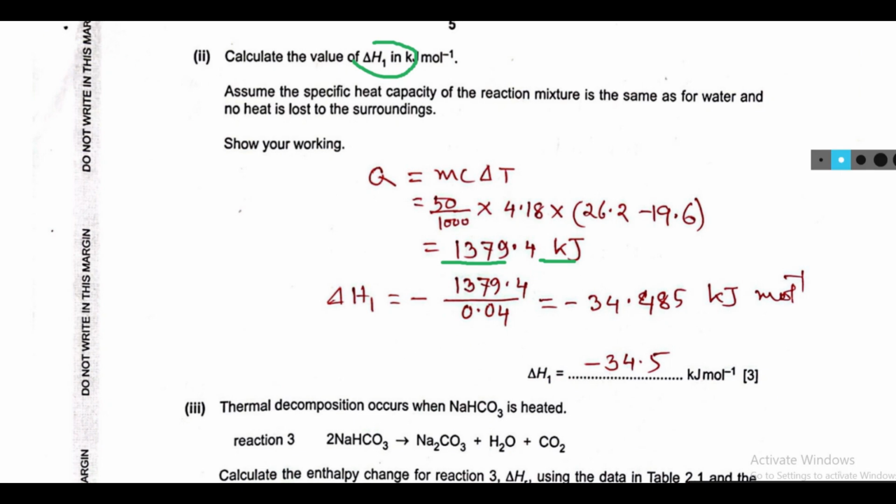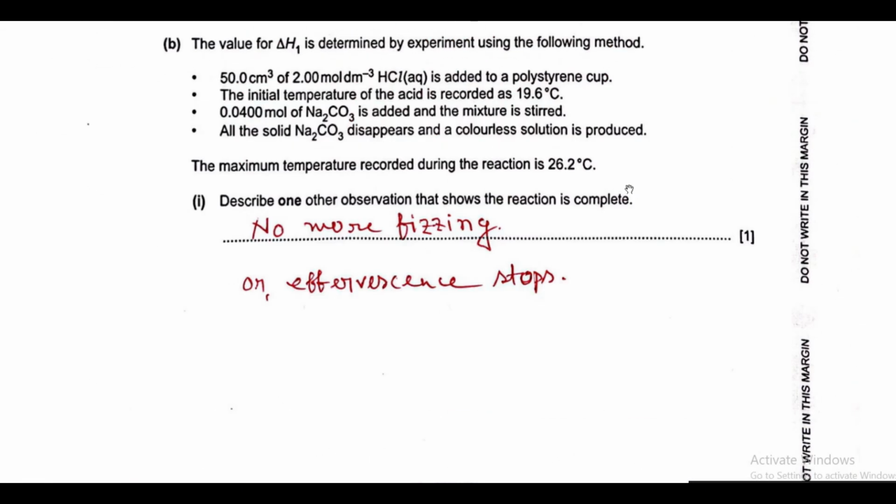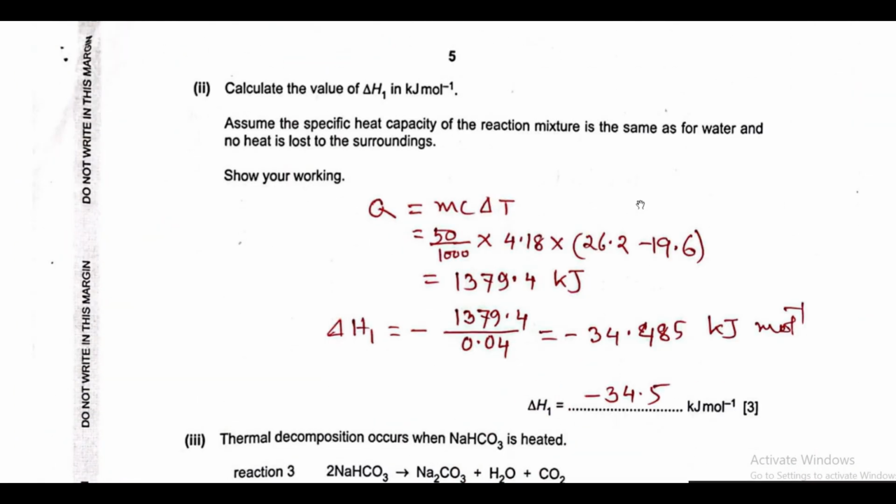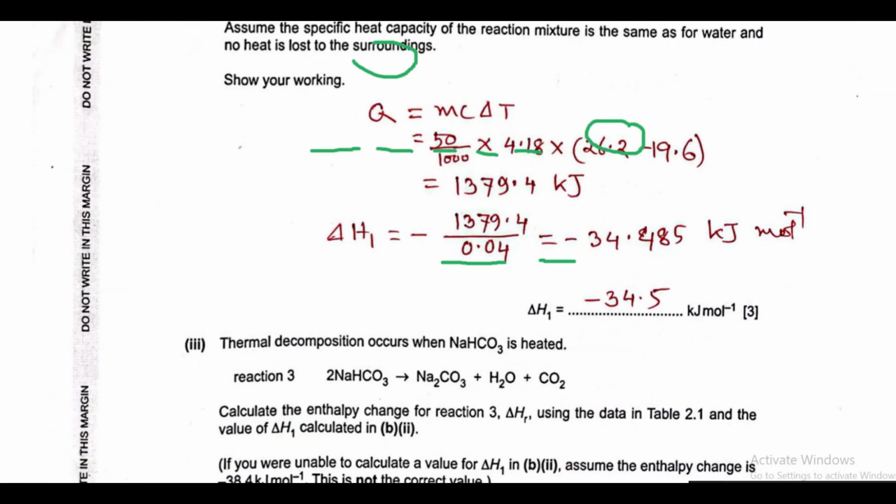Now you are asked to calculate the del H1, the enthalpy change, del H1 meaning reaction 1. You see, when sodium carbonate reacts with hydrochloric acid, sodium chloride, water plus carbon dioxide is formed. Energy transferred Q equals 1379.4 kilojoule.